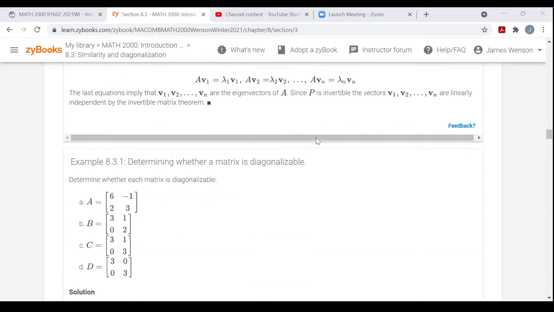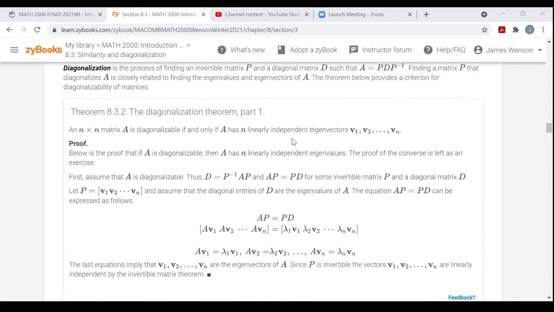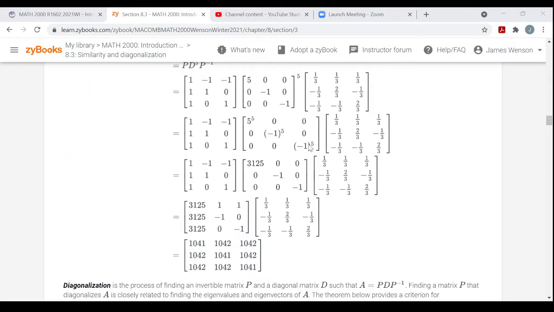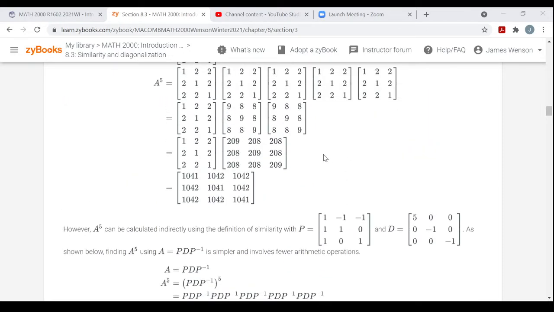So that leads us to the procedure. In fact, how'd they know what this matrix P was? In the matrix P, each column is an eigenvector of A. Each column in this matrix P here is independent.